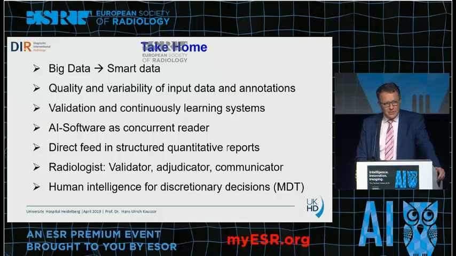And the radiologist will undergo some disruptive change in his working environment. So we have to be the validator, the adjudicator, and the communicator of the interpretation of these quantitative results. And we still have to reserve our right to use our human intelligence for discriminatory decisions. For example, the discussion in an MDT board. Thank you very much.